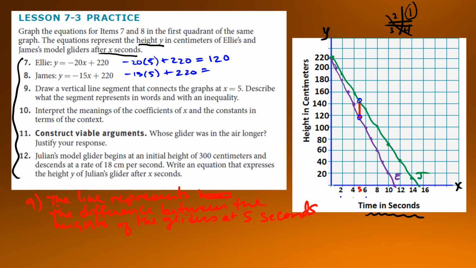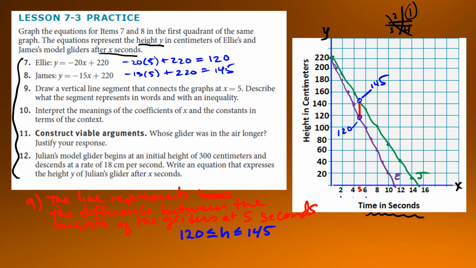So his is going to be 145. So that's what this represents right here is 145, and this here is 120. So the inequality would be that the height is between 120 and 145 inclusive.